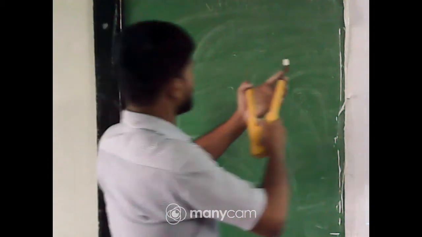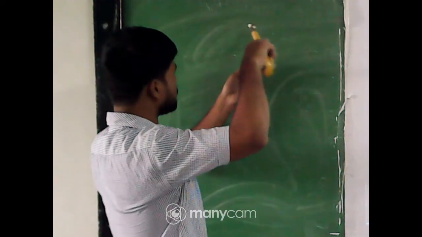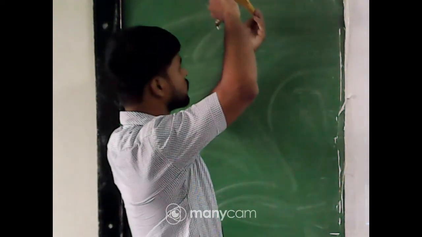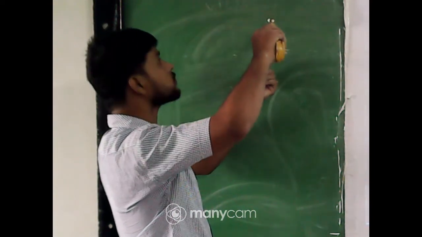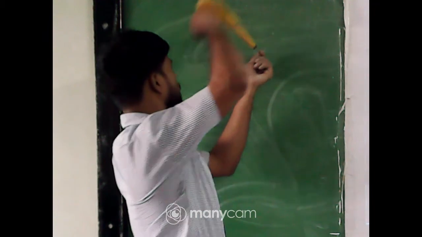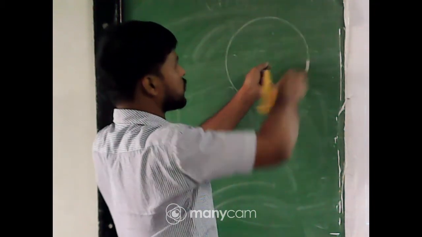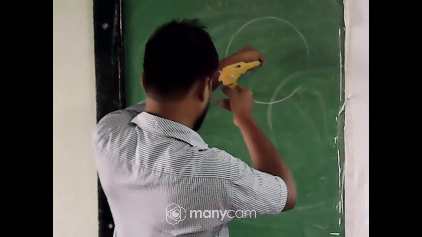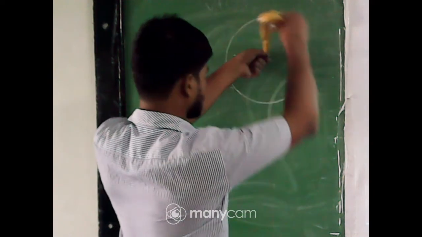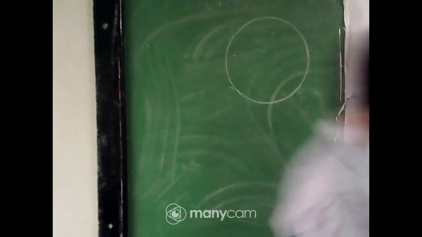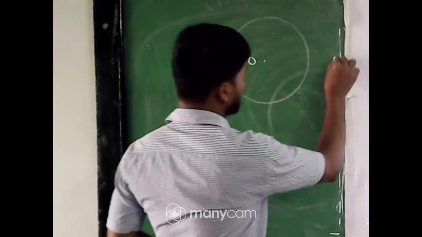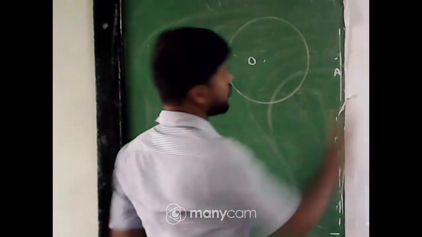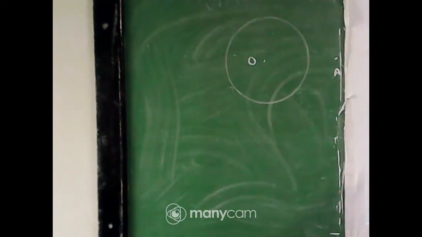Okay? So let us draw a circle with center O, and take a point A here, which is outside the circle.